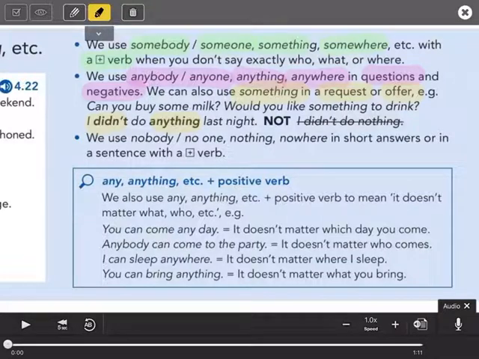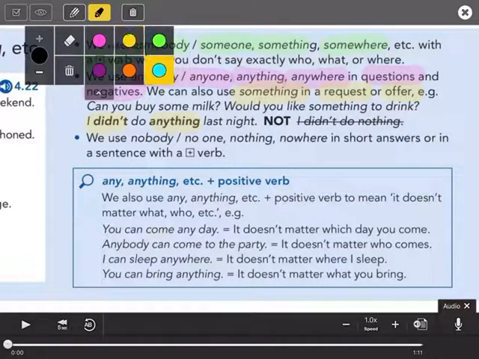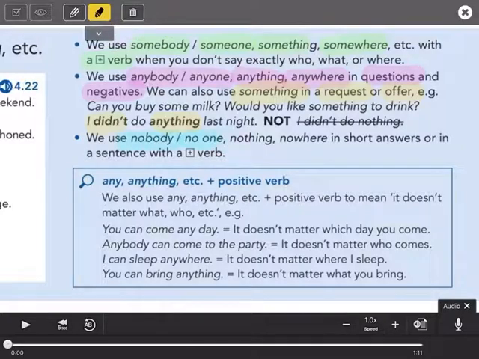Now, let's have a look at the last group. Now we use nobody, no one. Again, they are synonyms. Nothing, nowhere. In short answers: what are you doing? Nothing. Who are you with? Nobody. Where did you go? Nowhere. Short answers, or in a sentence with a positive verb.